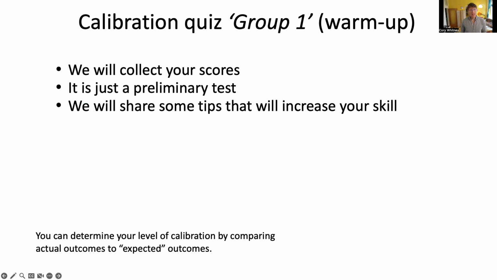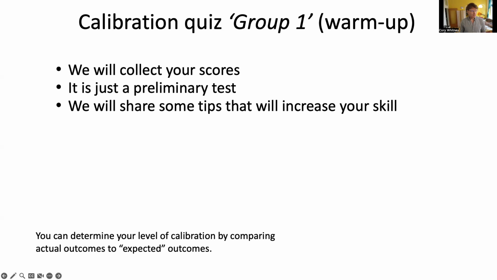But this first one is just a preliminary test. We want to see how well everyone's calibrated to begin with. And we will go through this several times. It's an iterative process, so we're going to share some tips as we move forward to increase your skill.